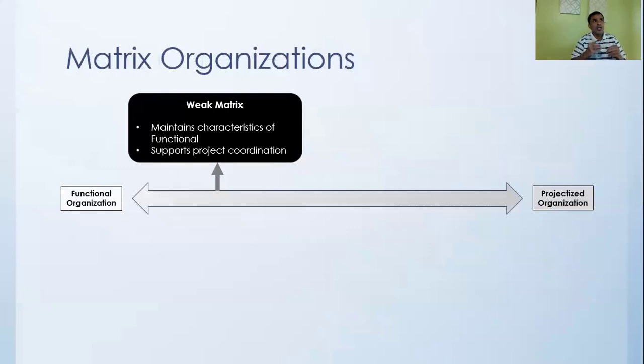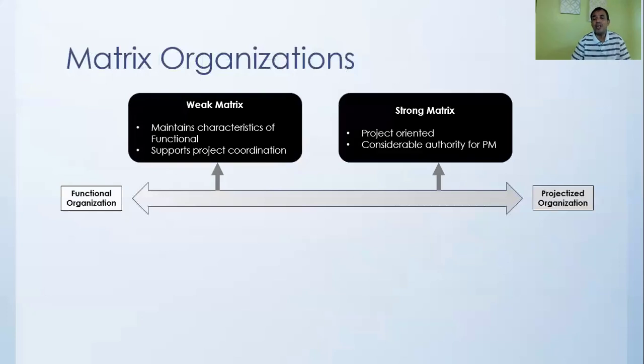And here again, though it is a matrix, the project is not run as a project, it's run as something within that function, and all that they look for in terms of project management is some kind of project coordination.